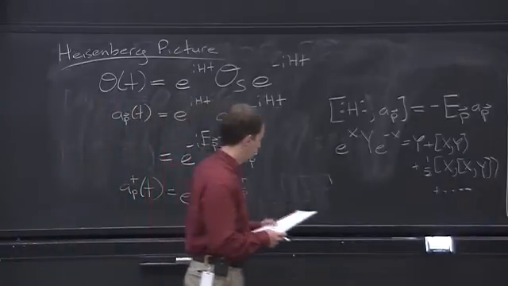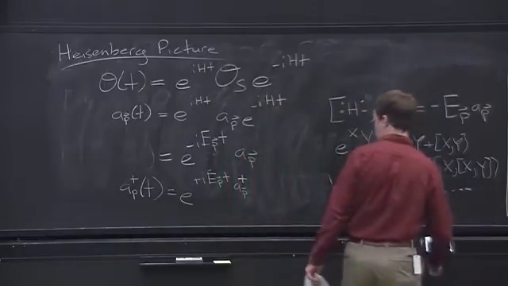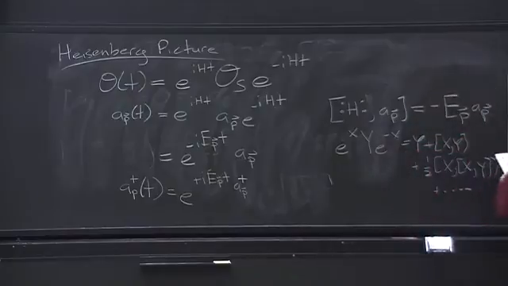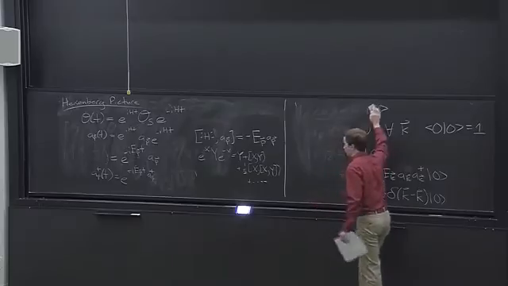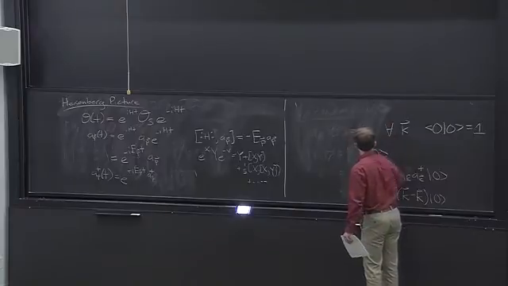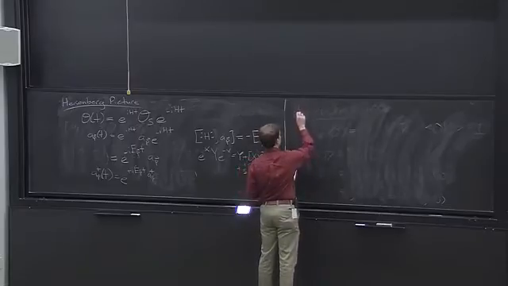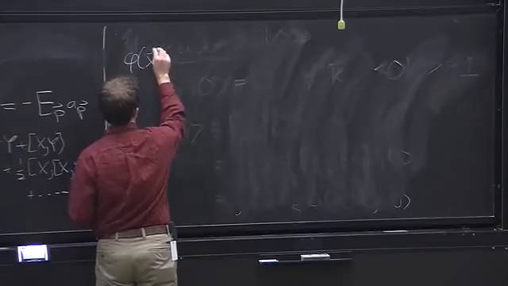So, you can plug those results back into our formula for the field operator to find the Heisenberg picture field operator, phi of x and t.